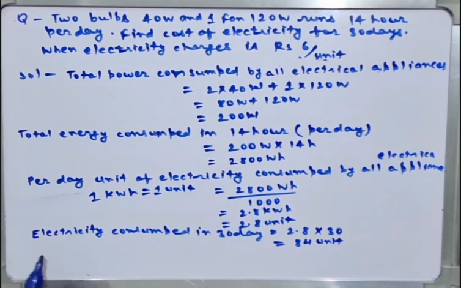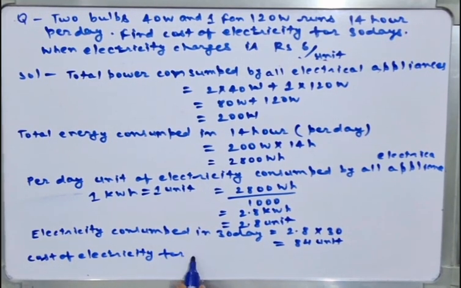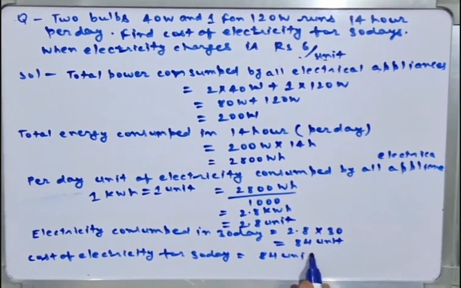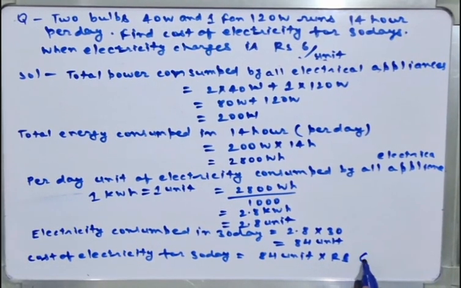Now the cost of electricity for 30 days is equal to 84 unit into Rs 6 per unit.